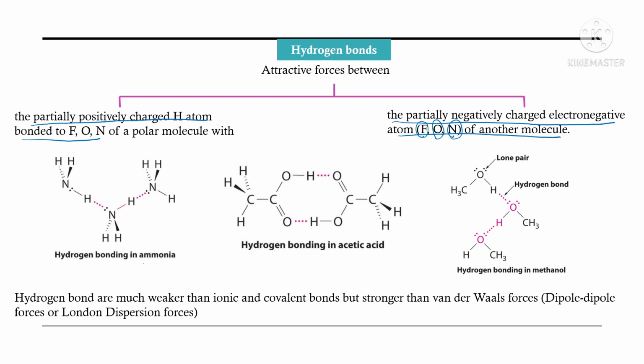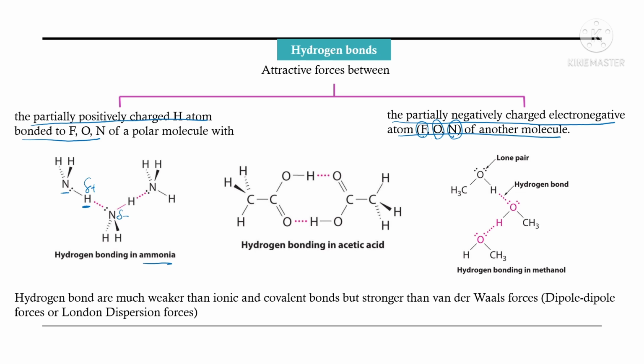For example, between ammonia molecules, hydrogen bonds can be formed because in one ammonia molecule, the hydrogen is partially positively charged because it is bonded to nitrogen. On another ammonia molecule, the nitrogen is partially negatively charged because nitrogen is more electronegative than hydrogen.